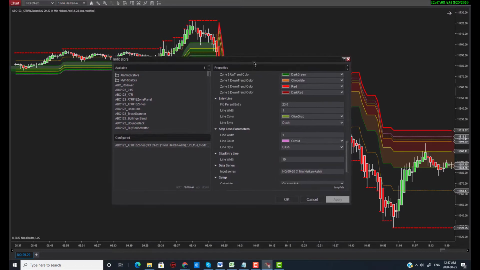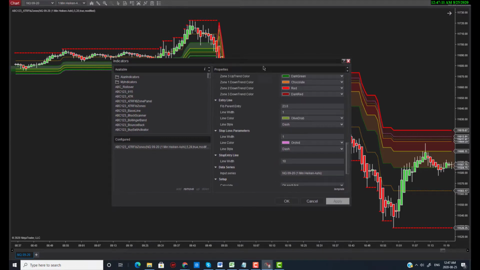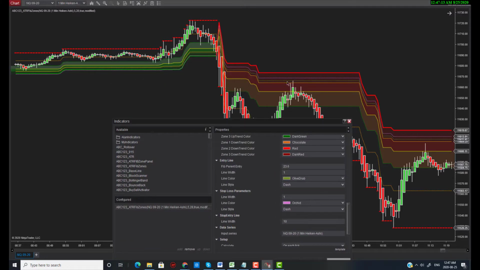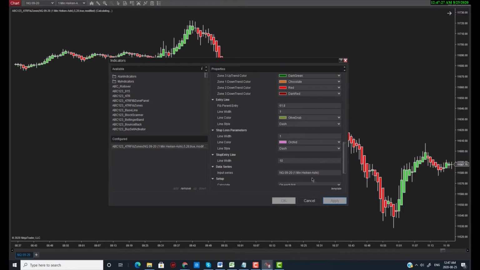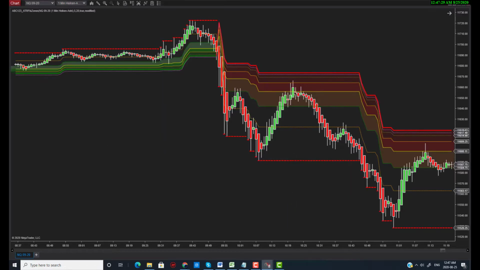Now, for example, for the Fib percent entry, what if I want it deeper within the zone? Instead of using a Fibonacci shallow retracement of 23.6, what if I go 61.8, for example? So with my 61.8 trade, I would have put my limit order on this dotted line here.